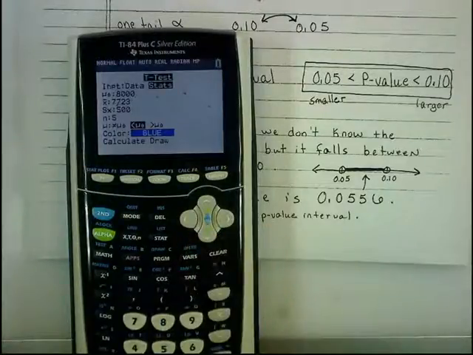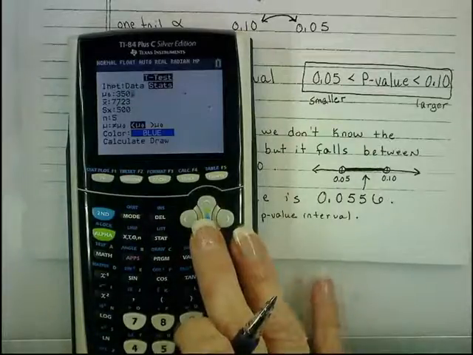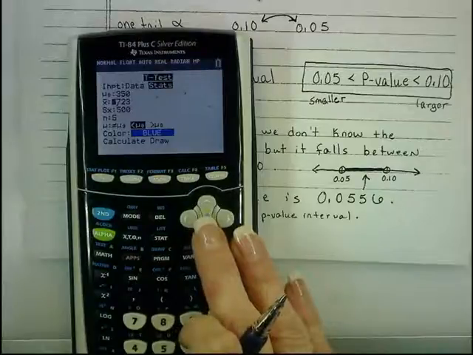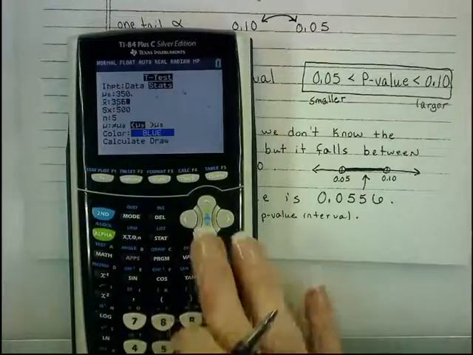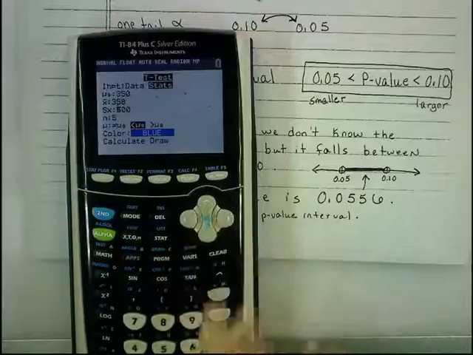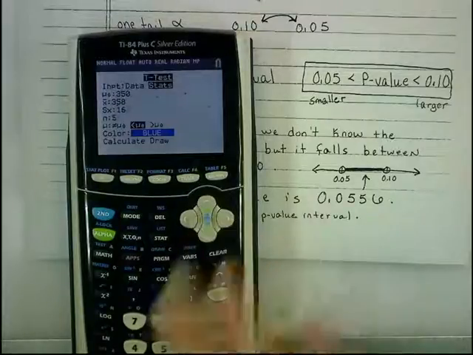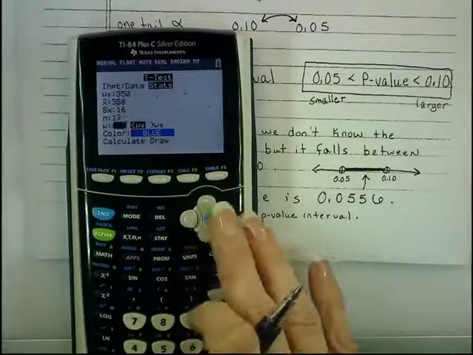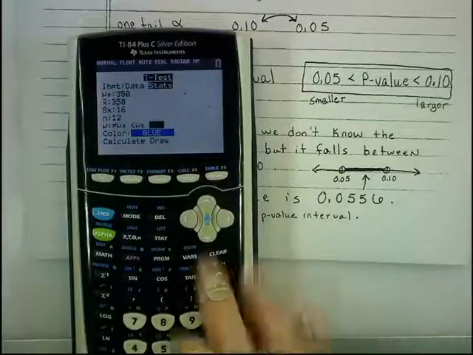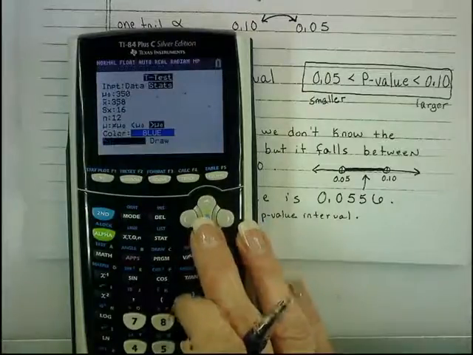You put in your claim for this problem, and it was 350. And then you put in your sample mean 358, your sample standard deviation $16, sample size 12. It's right tail, so let it blink on greater than and press enter, and then calculate.